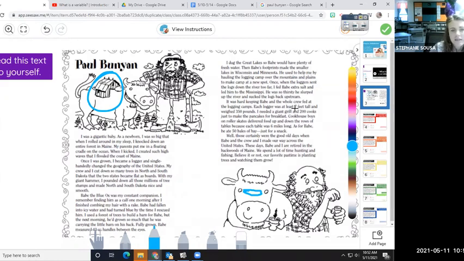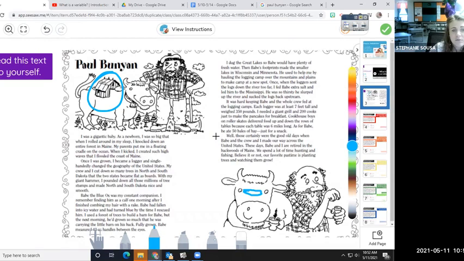Each logger was at least 7 feet tall and weighed 350 pounds. I needed a giant grill and 200 cooks just to make the pancakes for breakfast. Cookhouse boys on roller skates delivered food up and down the rows of tables because each table was 6 miles long. That's not true. As for Babe, he ate 50 bales of hay just for a snack.